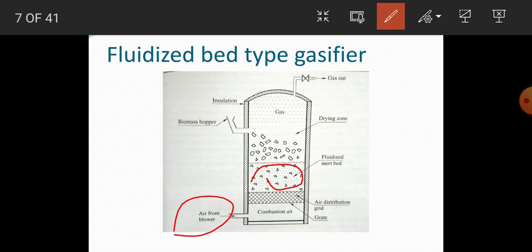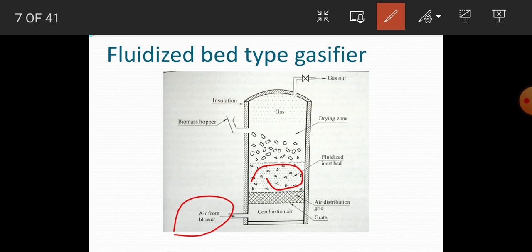Fluidized beds generally contain either inert material, sand, or reactive material, limestone, or catalyst. This aids heat transfer and provides catalytic or gas clearing action. The bed material is kept in fluid state by the rising column of gas.